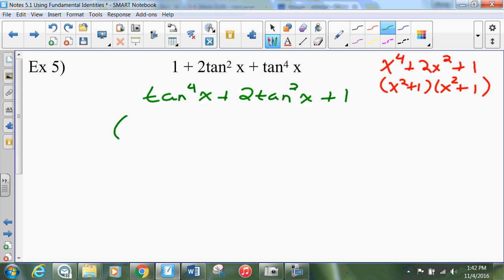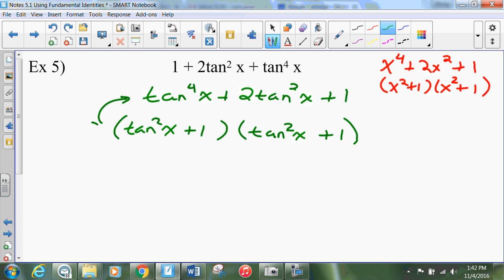I can factor this out as tan squared x plus 1 and tan squared x plus 1. If you don't believe that these two things are equivalent, please pause the video and take your time to distribute, and you'll see that you get right back to where we started.